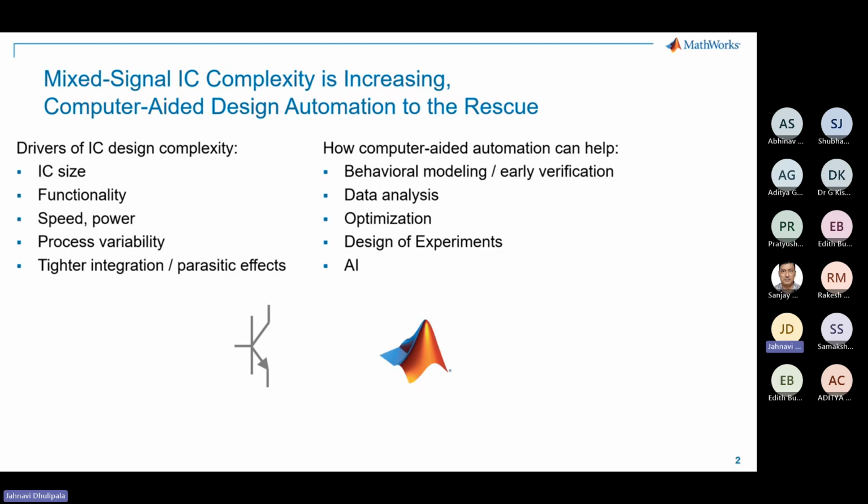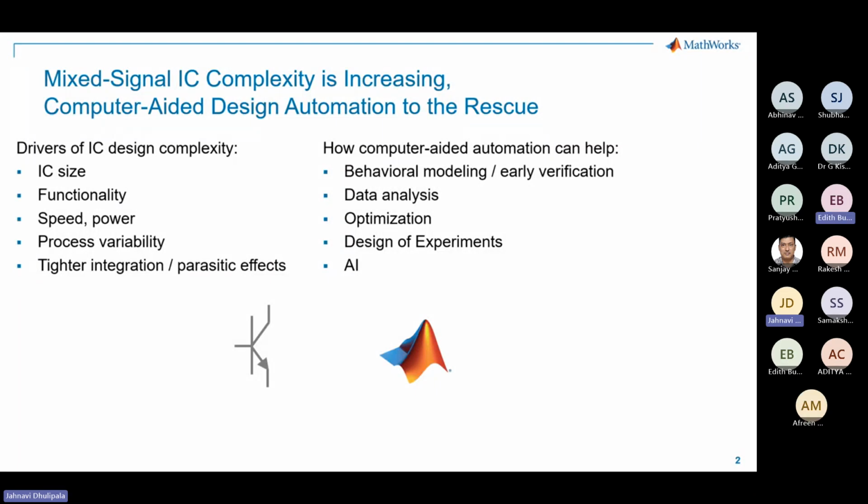Additionally, tighter integration necessitates the correction and also calibration of parasitic effects. In general, the traditional techniques are often inadequate to manage this complexity, whereas we use many computer aided designs which help us to do this optimization and make the engineer's life a bit easier.